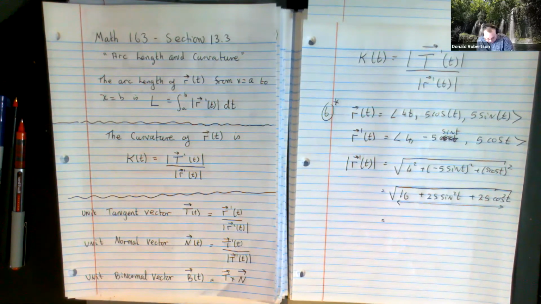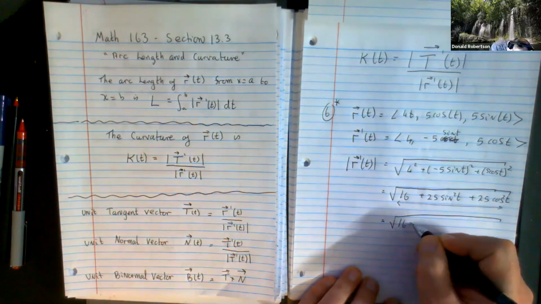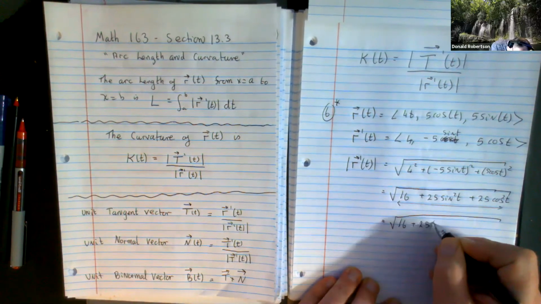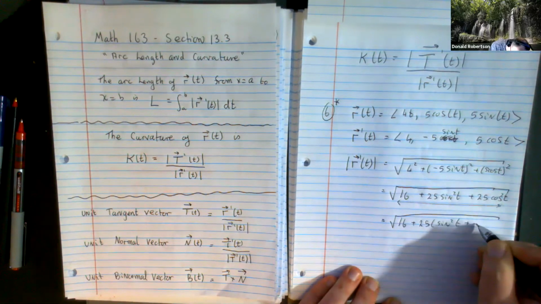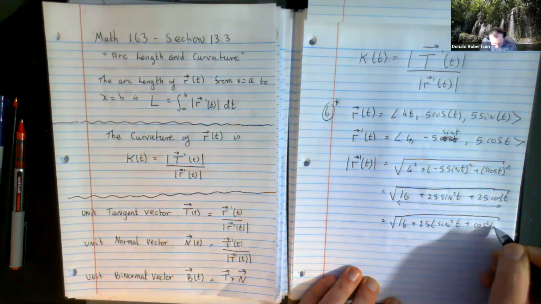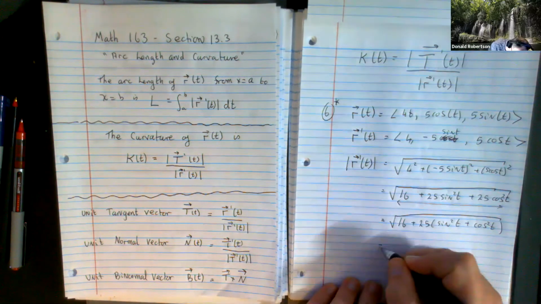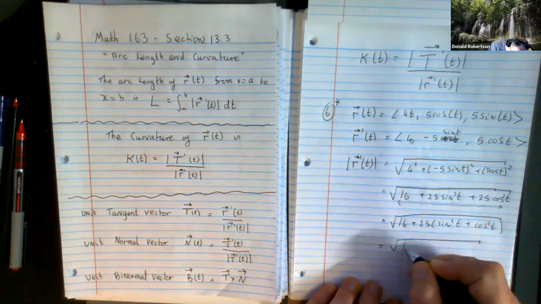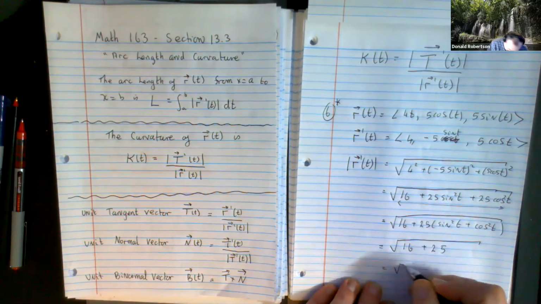Factor out 25. And you might not actually do this line, but I have. Do you recognize that sine squared plus cos squared is 1? So what you end up with is the square root of 16 plus 25, which is the square root of 41.